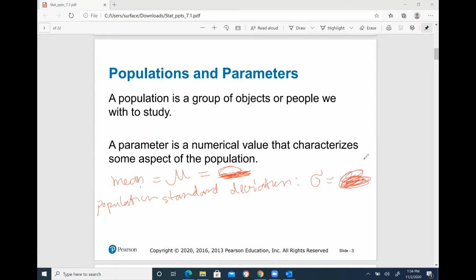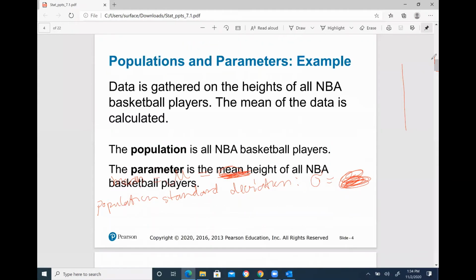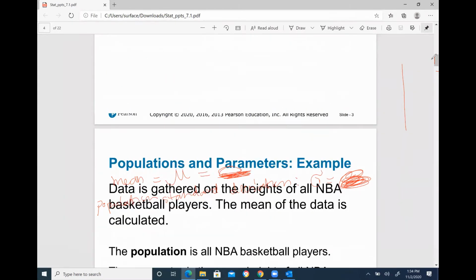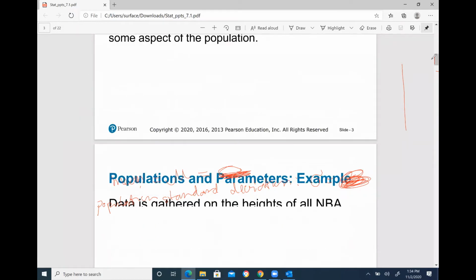It depends on the story, what value they provide, then you check that out. So those are examples of parameters of the populations.